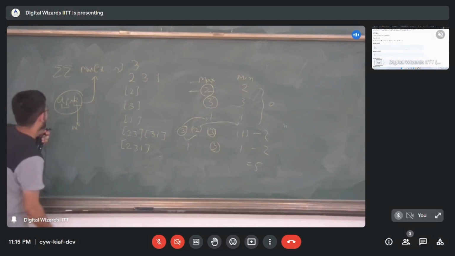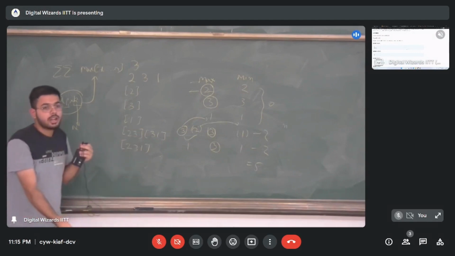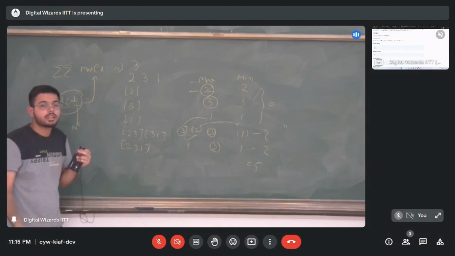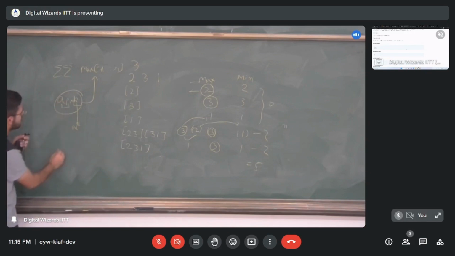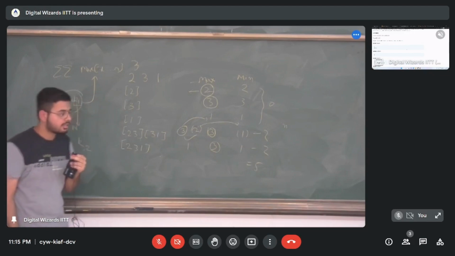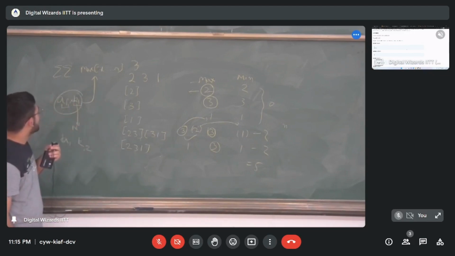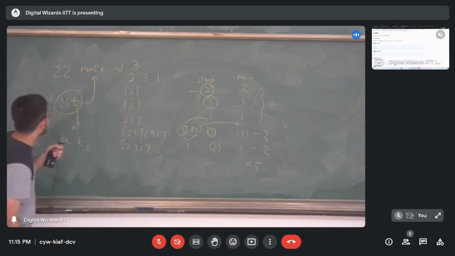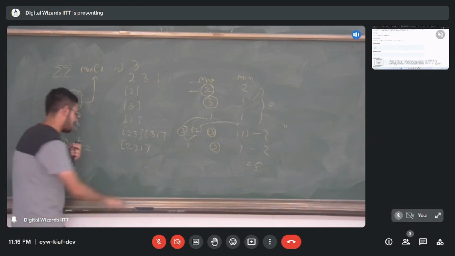So suppose I find that out, then for the main problem I could simply do that. I need to find in how many arrays this element is the minimum, and I just calculate this and subtract. Let's call it k1 and k2. So it should be ai times k1 minus k2. It's simple, right? And now our question is very simple.